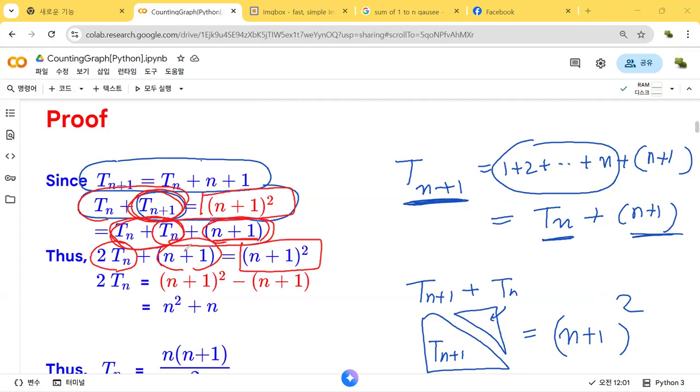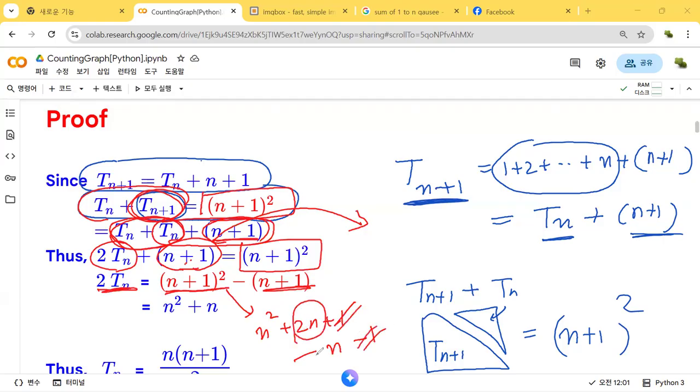So just move this one to the right hand side, and then you have n plus 1 squared minus n plus 1, and that is 2Tn. And what is this? This is n squared plus 2n plus 1 minus n minus 1. So you can cancel out the 1, and from 2n minus n, that is just n.